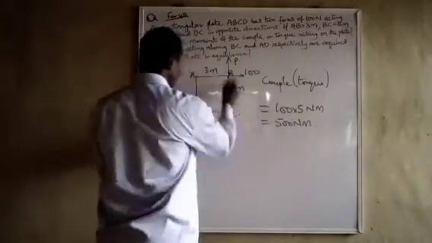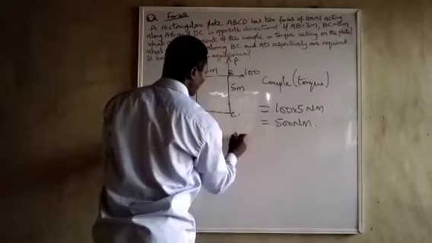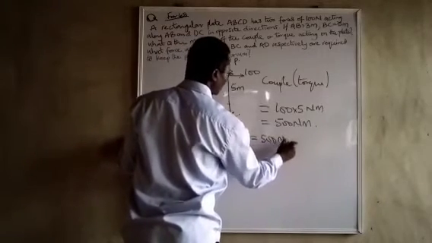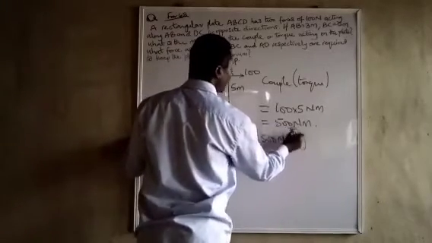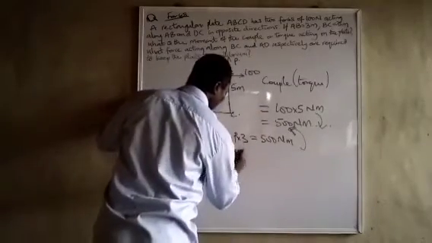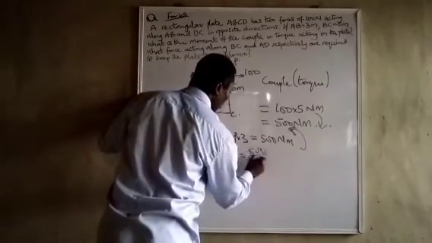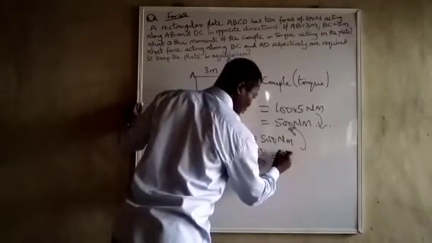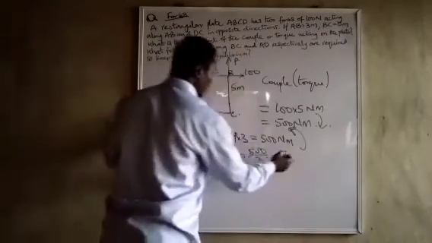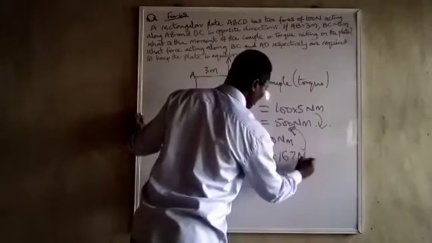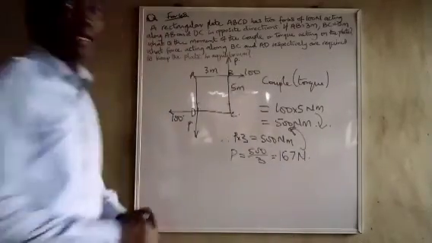Therefore, the torque of P, P times 3, should be equal to 500 Newton meter. This one acted clockwise, therefore P will be equal to 500 over 3, and that's going to give us about 167 Newton.